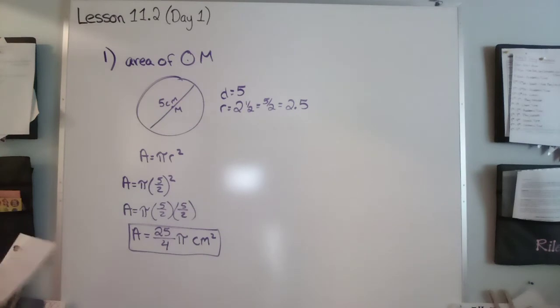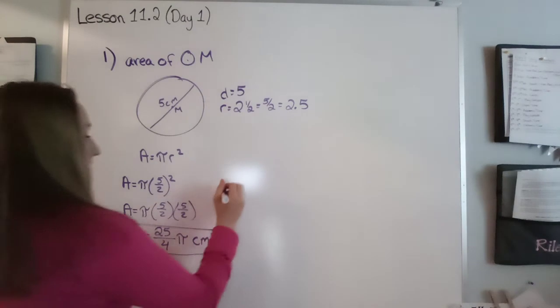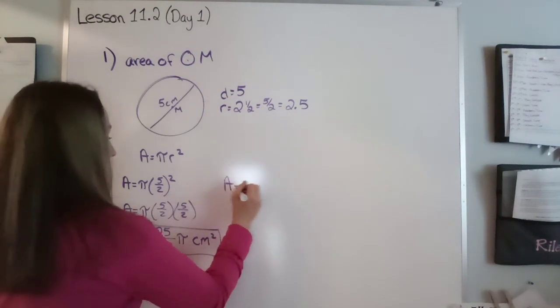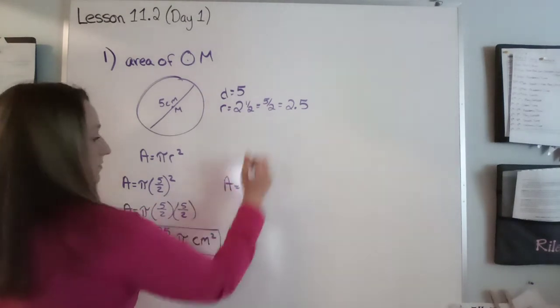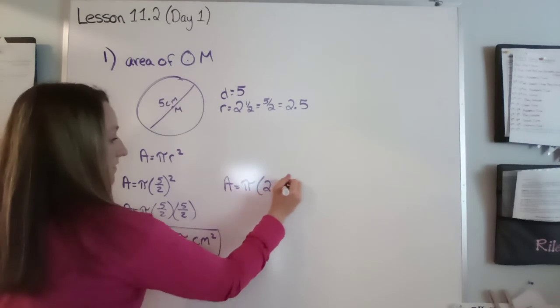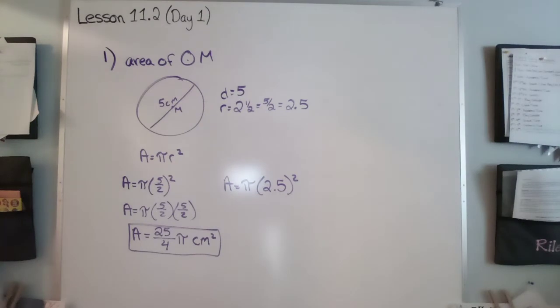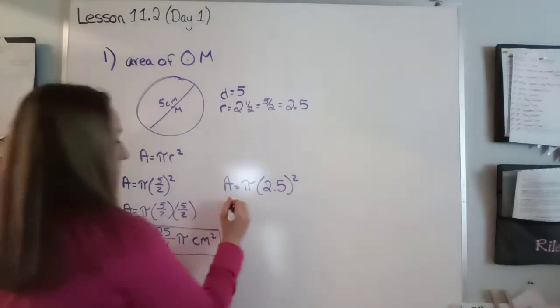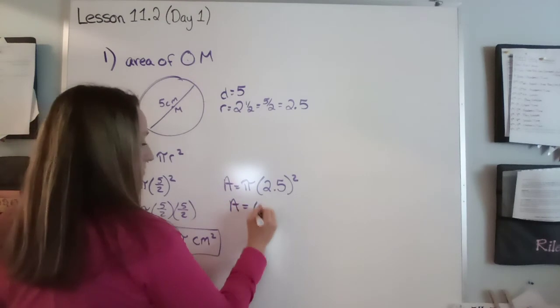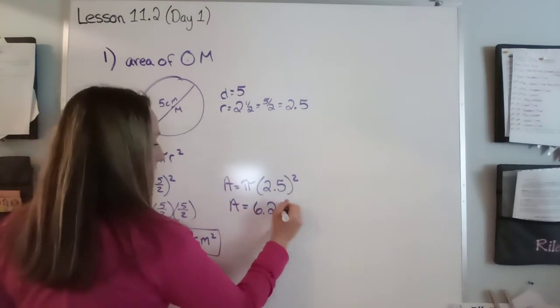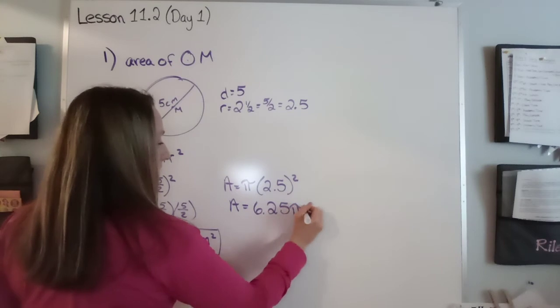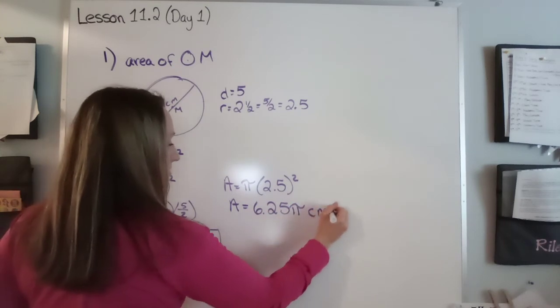Now you can do that same work using the decimal. Okay, so your area, pi, and then let's say you want to use 2.5 squared. So you're going to square the 2.5, which is going to give you 6.25. So area is equal to 6.25 pi centimeters squared.